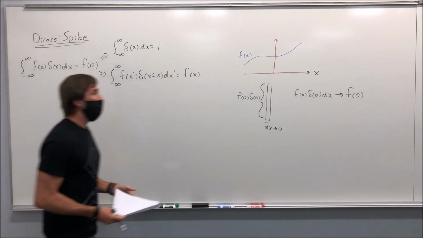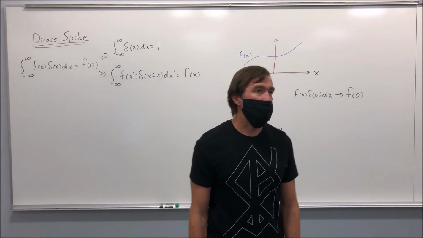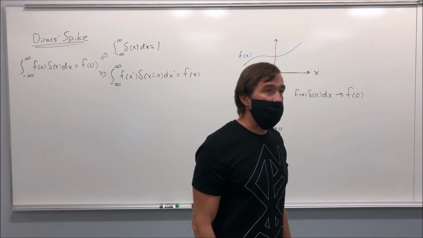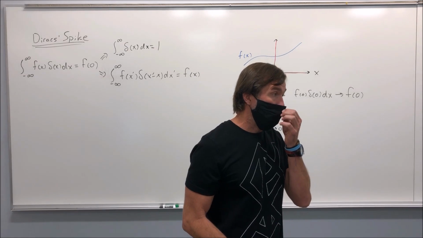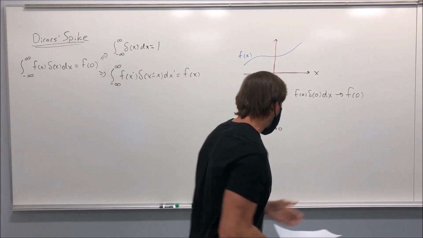Well, if dx is going to 0, what does delta of 0 have to become? It has to become 1 over 0, which is infinite. Everybody on board? Okay.